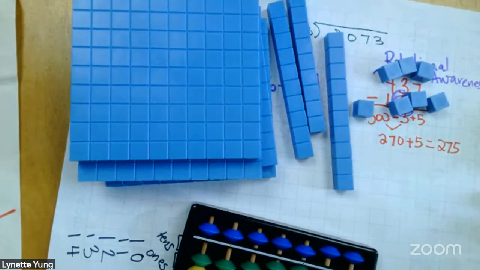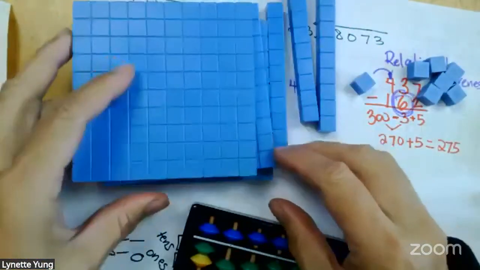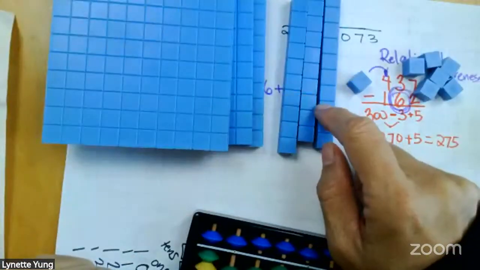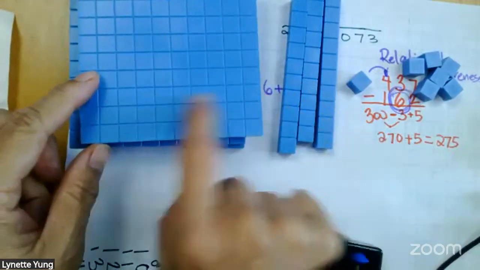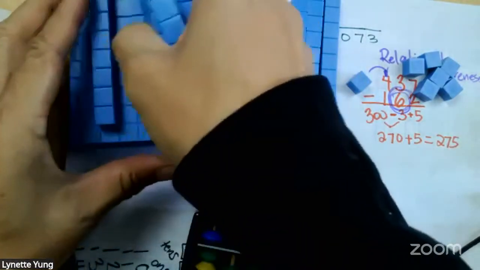Now we've taken away the 100. So we take away the 100, right? And then we're going to take away the 6, but there's no more 6. So this is where we have to change this out. So this is where it gets really wonderful.